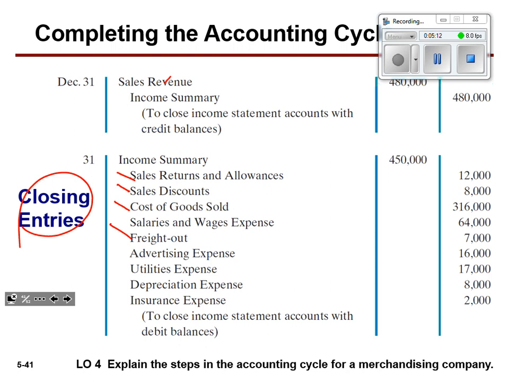Now, although you don't see the word expense on the four that I emphasized, they're kind of like expense's cousin. They act like an expense because they offset how much money we made. Those four up there, three plus the freight out, are kind of like an expense or a contra revenue account.